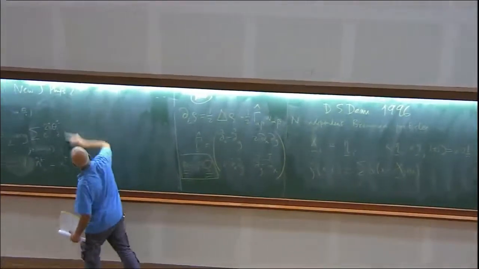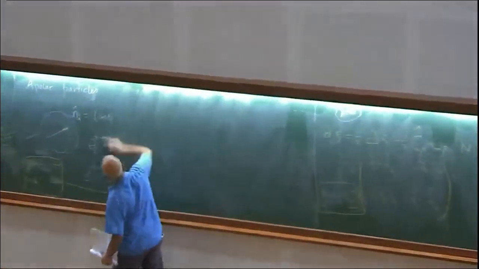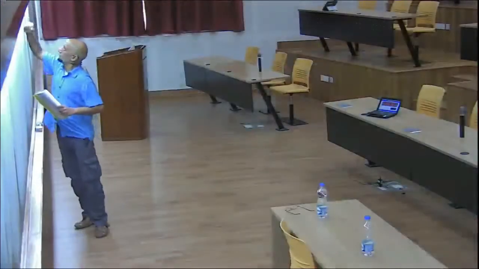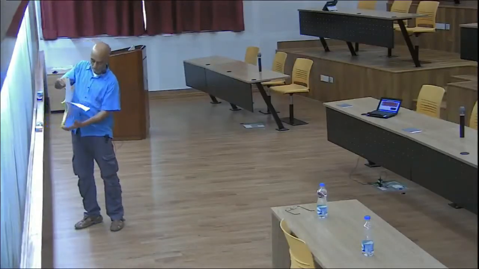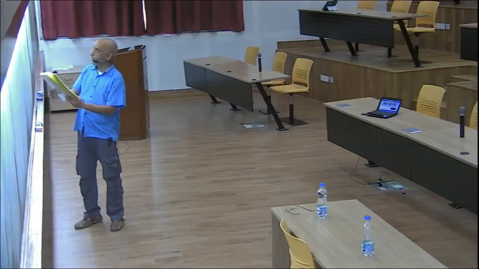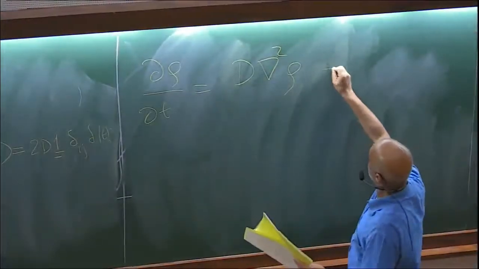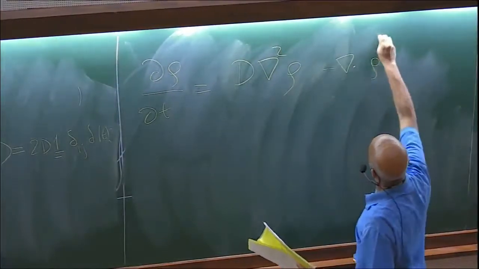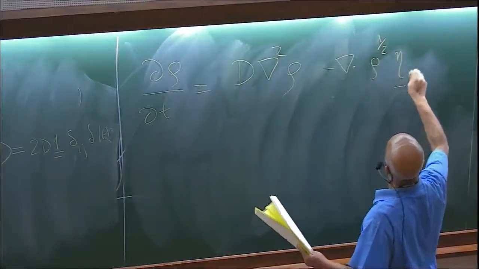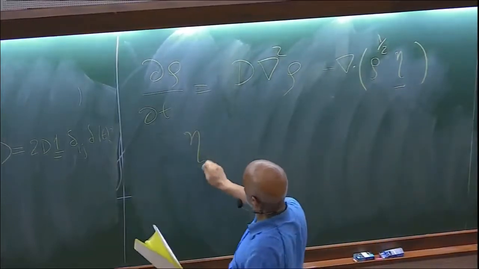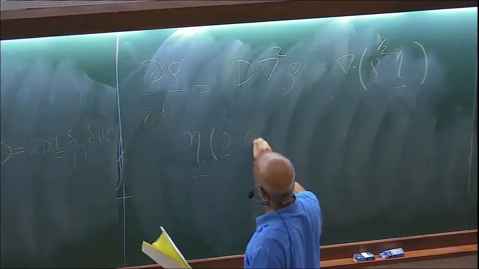So I'll just do this very, very quickly. Actually, I think it will take a little too long. Let me just assert the answer and let you read it. Let me tell you what Dean shows. What Dean shows is that the noise is, where eta is a spatiotemporally white noise.